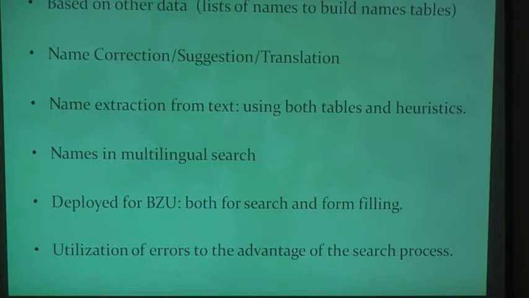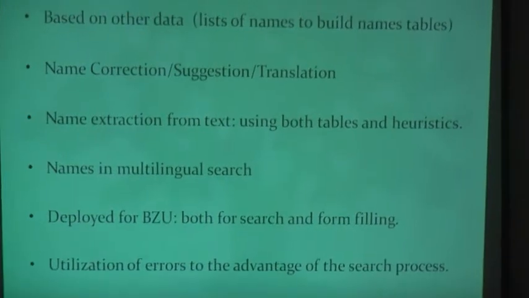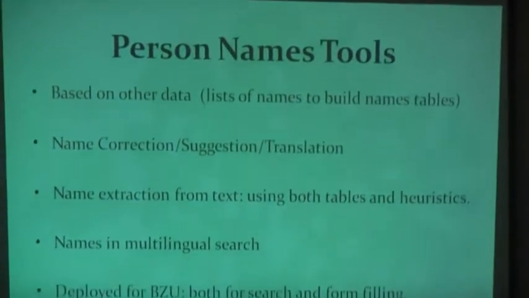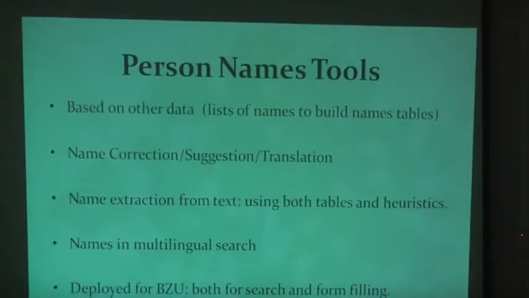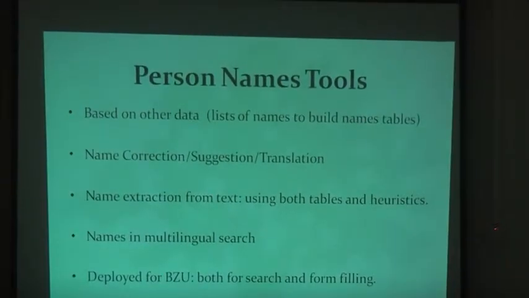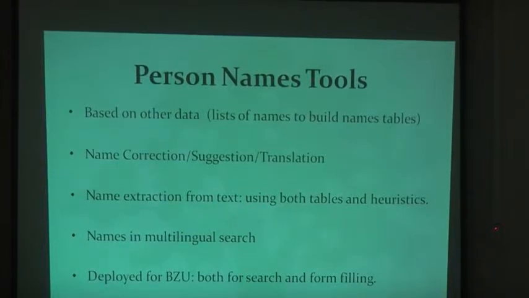It's basically applying the techniques we've talked about, correction, suggestion, and so on, to Arabic names, to persons' names. Of course, this may be constituted as part of named entity recognition or something like this, but we are trying to do something with that, and we are using it for both search and form filling.